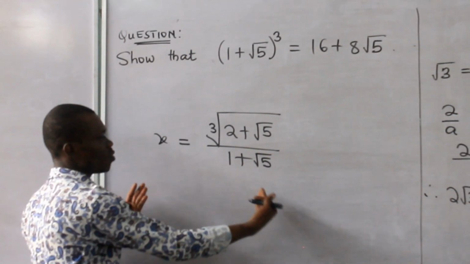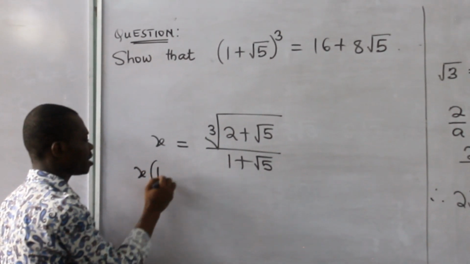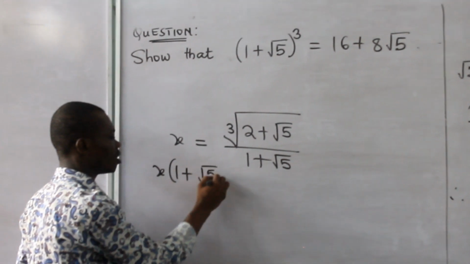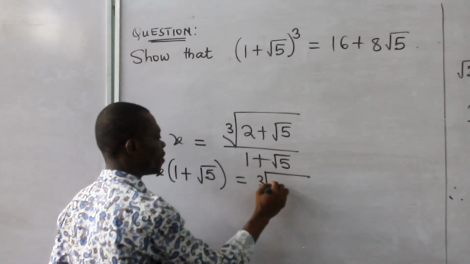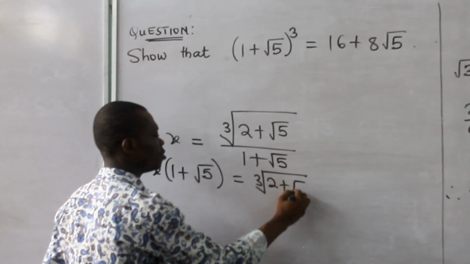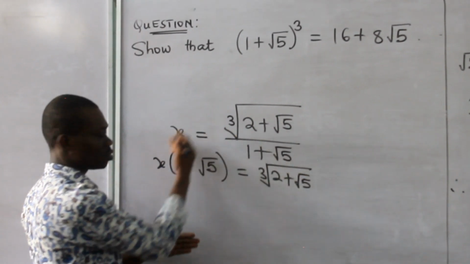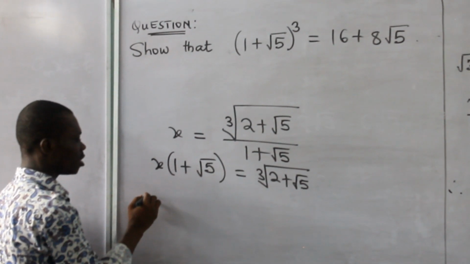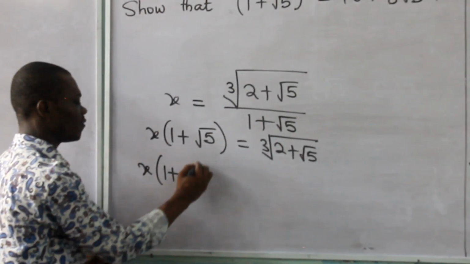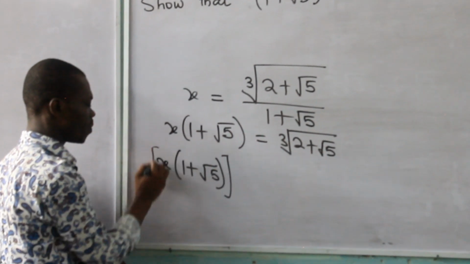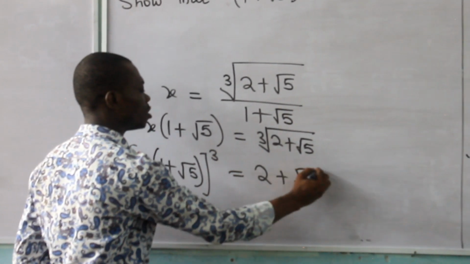So we had to cross multiply, and we got x into (1 plus the root of 5) to be equal to the cube root of 2 plus the root of 5. And then we took the cube root to this side, and that gave us x into (1 plus root of 5) all raised to the power of 3 to be equal to 2 plus the root of 5.